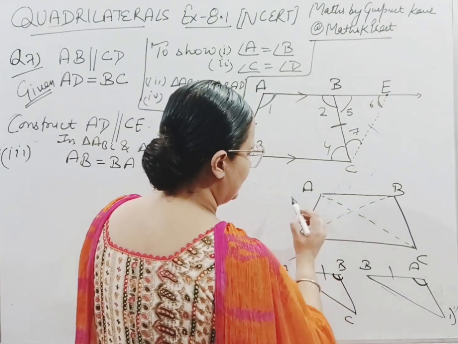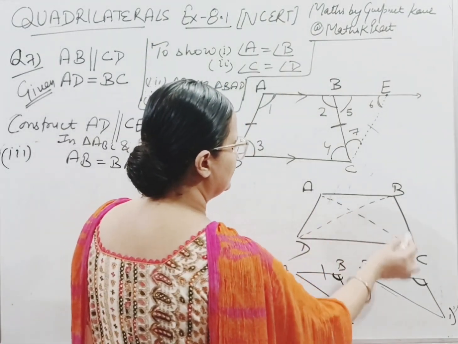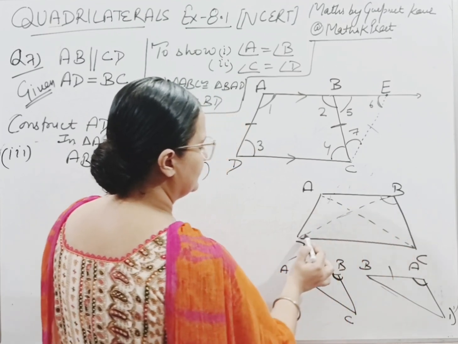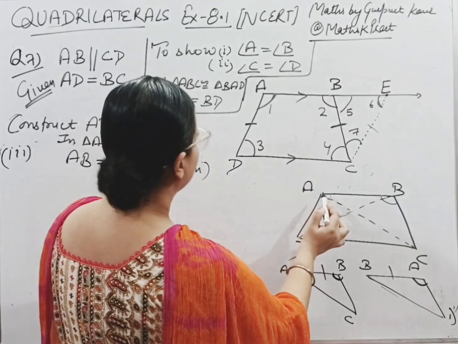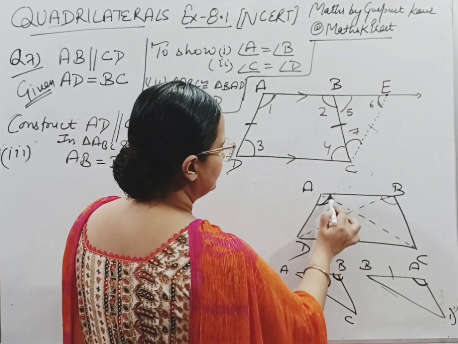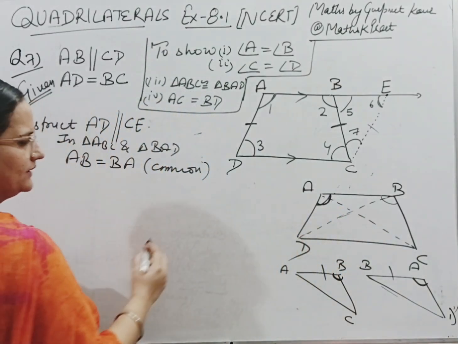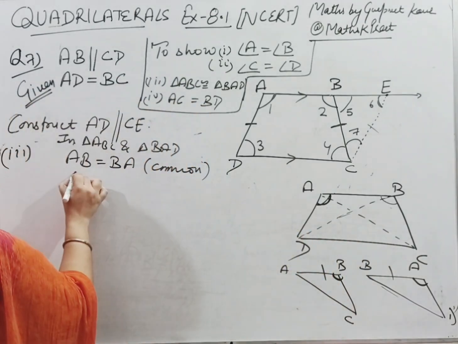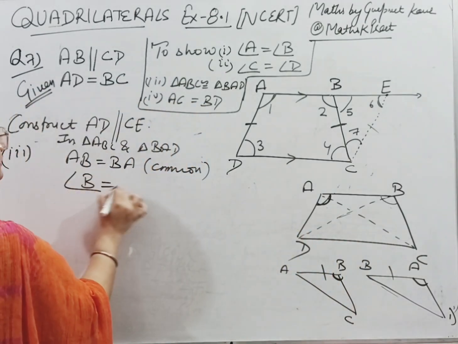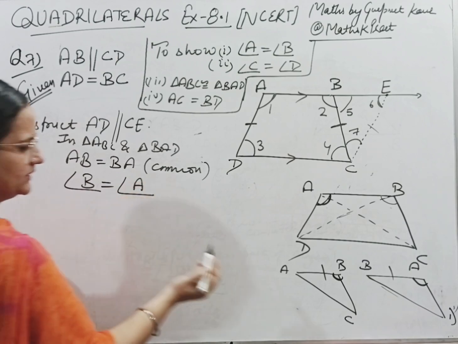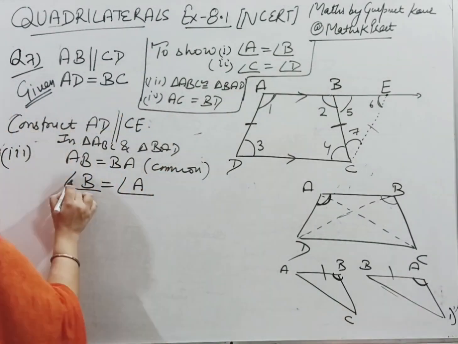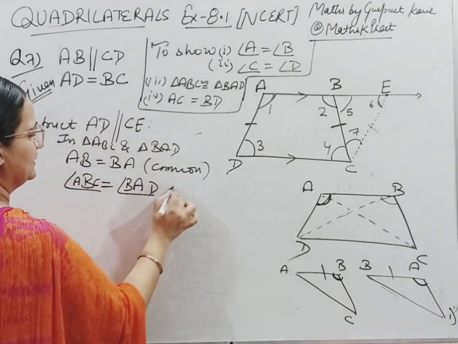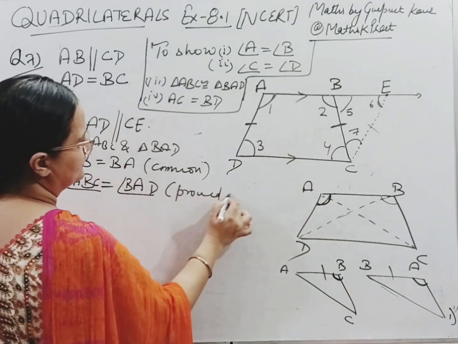So in triangle ABC this is angle 2, and it will be equal to this angle in triangle BAD. So I will write angle ABC is equal to angle BAD, proved in number 1.